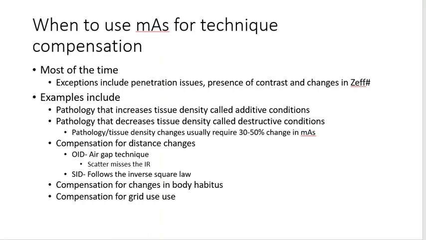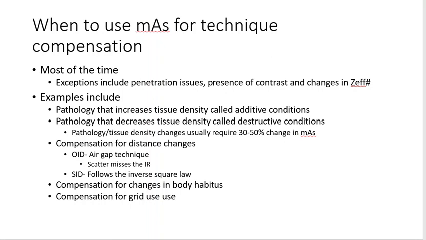And as we discussed with the pleural effusion, with the more fluid we have, the more scatter radiation we create, the less contrast we're going to have. So you want to compensate for body habitus with, again, mAs. Compensation for grid use we already talked about, and that's going to be mAs.